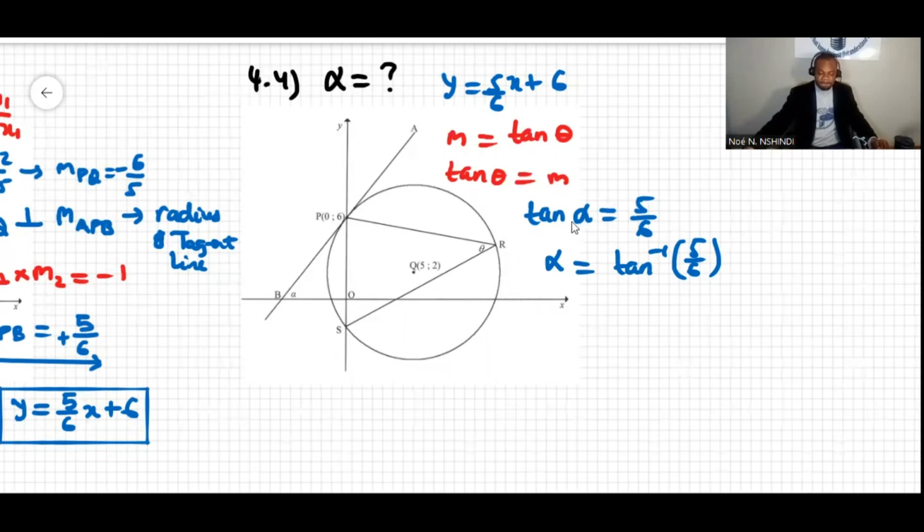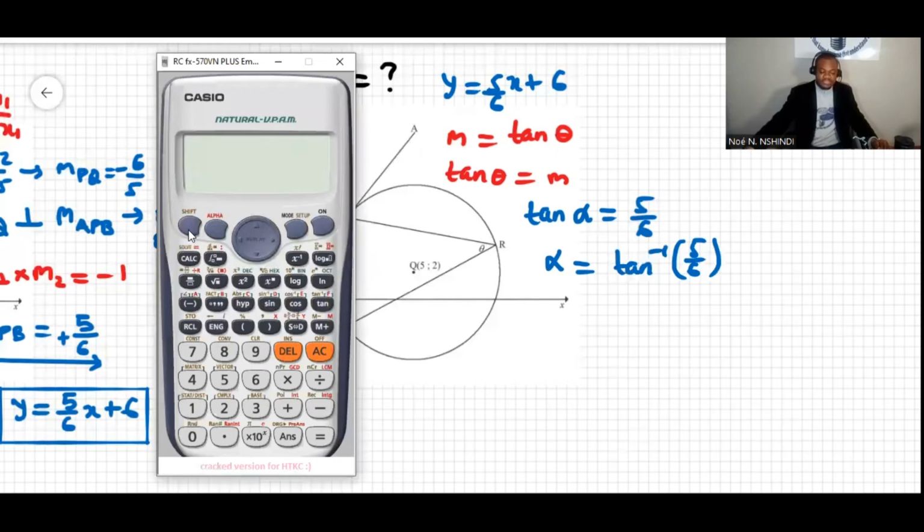This simply means what angle alpha is such that tan of that angle equals 5/6. With the help of the calculator, I press shift, then tan, which gives tan minus 1, then write 5/6, close bracket, and press equal.